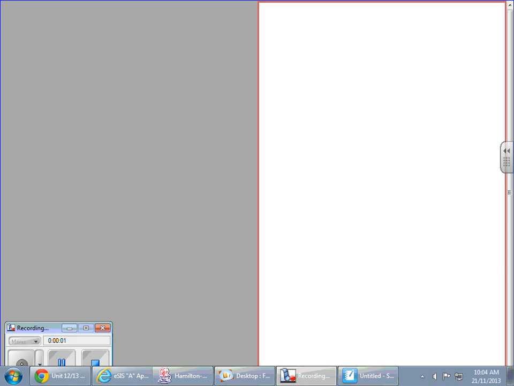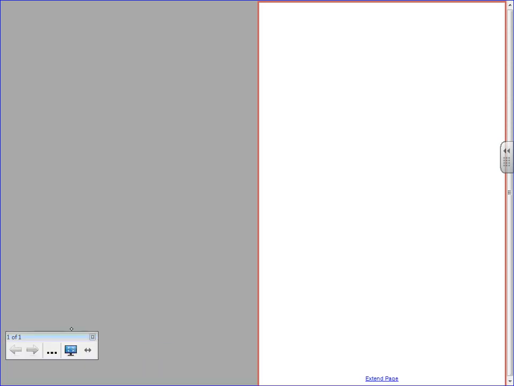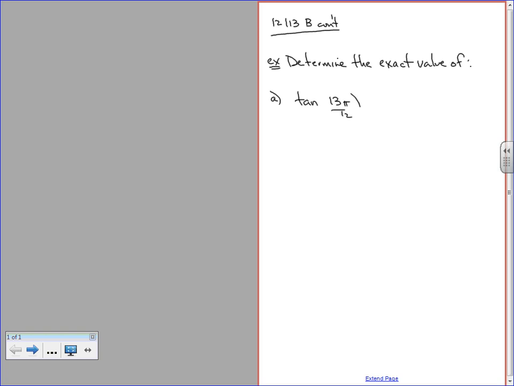Extension of what we learned on Monday with determining the exact values. Okay, so really just an extension of what we did.